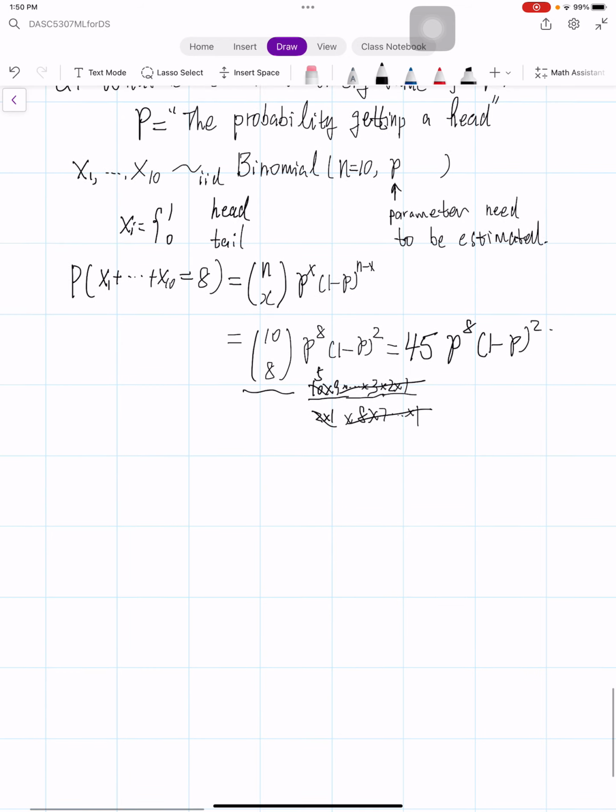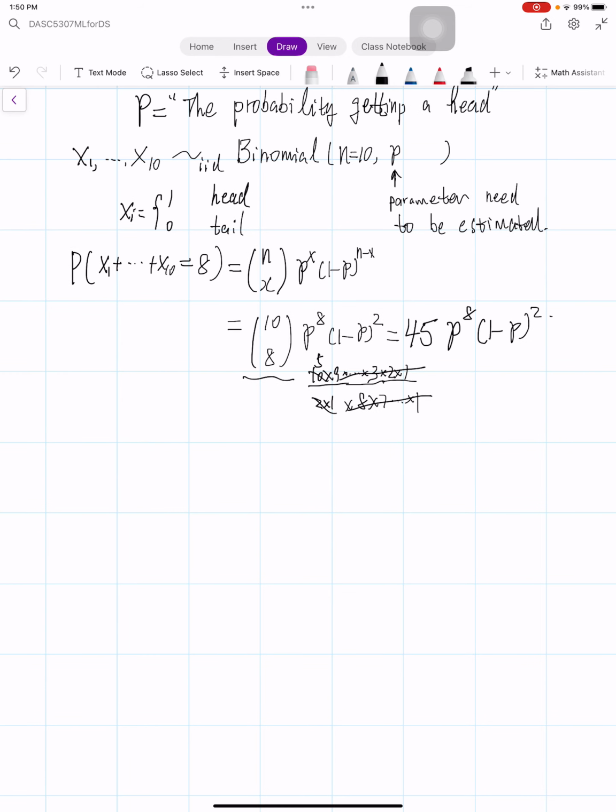Okay, so now this is called the likelihood function. The likelihood function is a function of the parameter given the data.